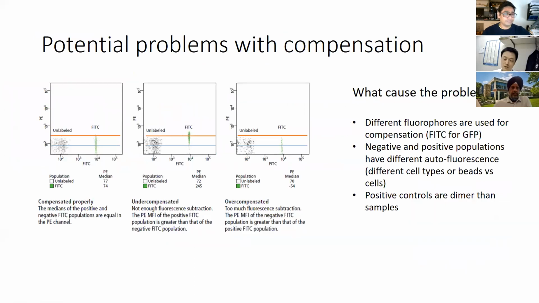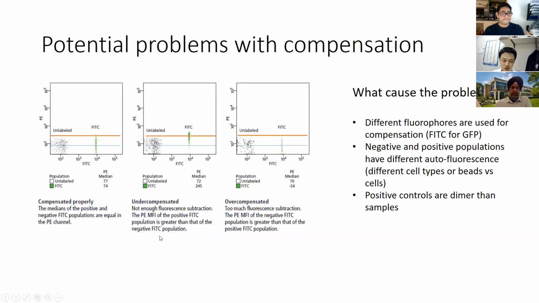So here is what happens when we do the compensation. Here we have negative populations and FITC positive populations. Let's look at the middle part first.